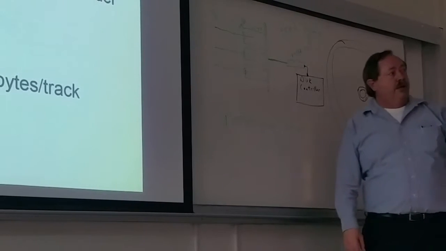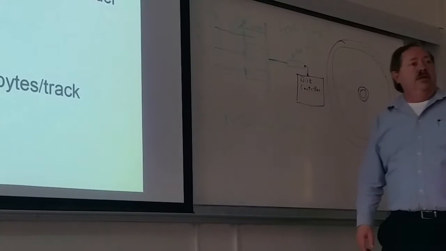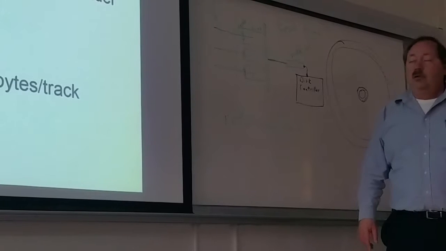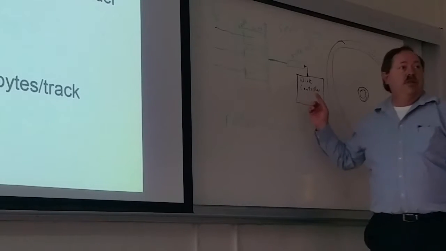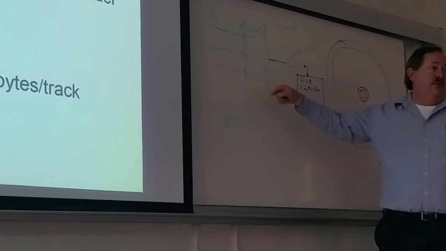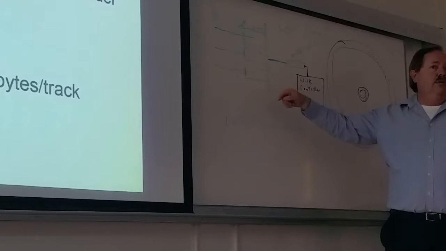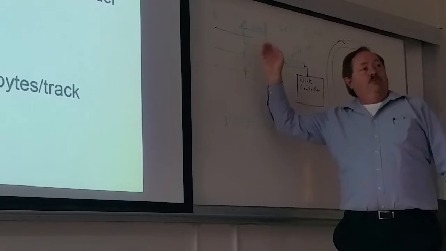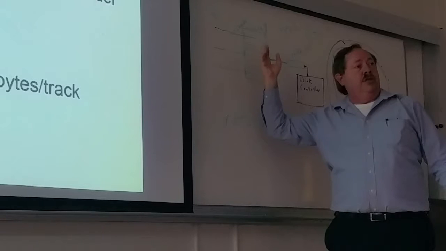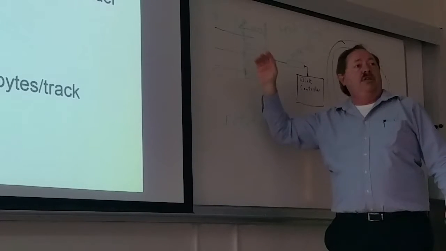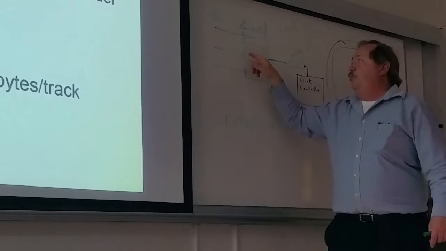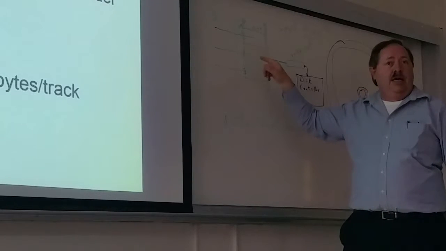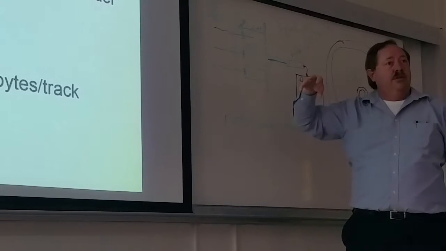To do a write operation takes exactly twice as long. Because what will happen first is it's going to write to that byte. So we have to wait through the whole rotational delay time, or maybe the seek and rotational delay time, to get the right byte under the head, and then I can write that byte.